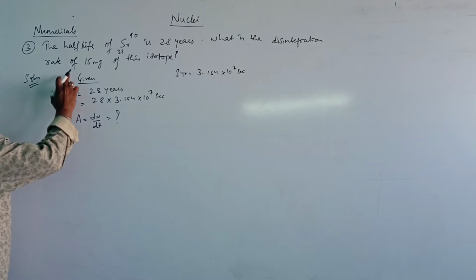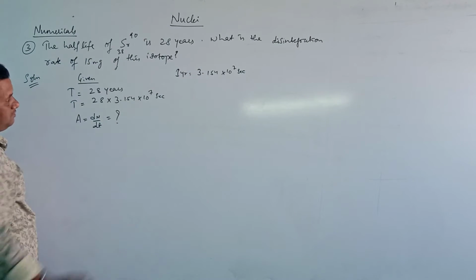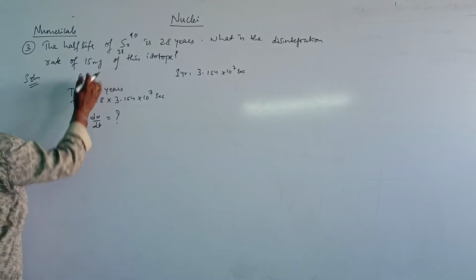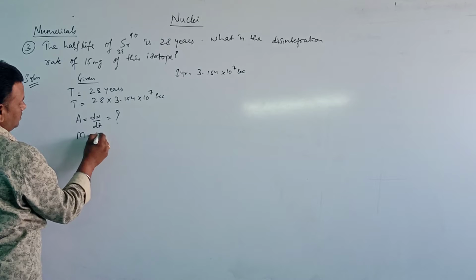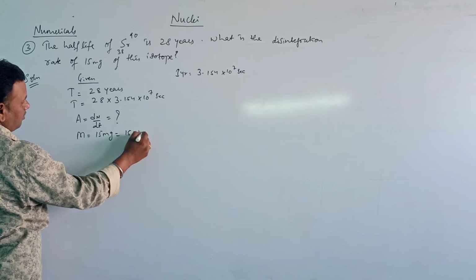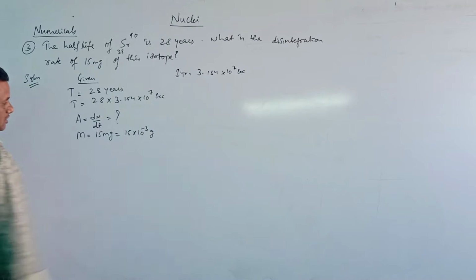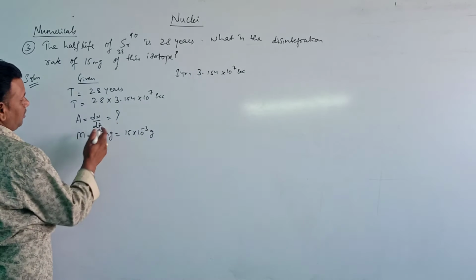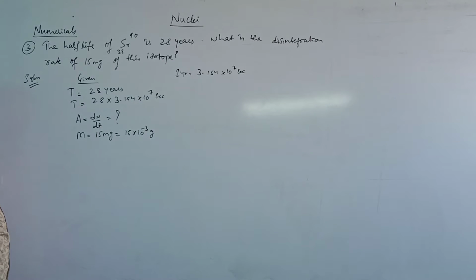Now, of 15 milligram: he has given the mass here, that is 15 milligram, 15 into 10 to the power of minus 3 gram. Now we have to find the dN by dt value.